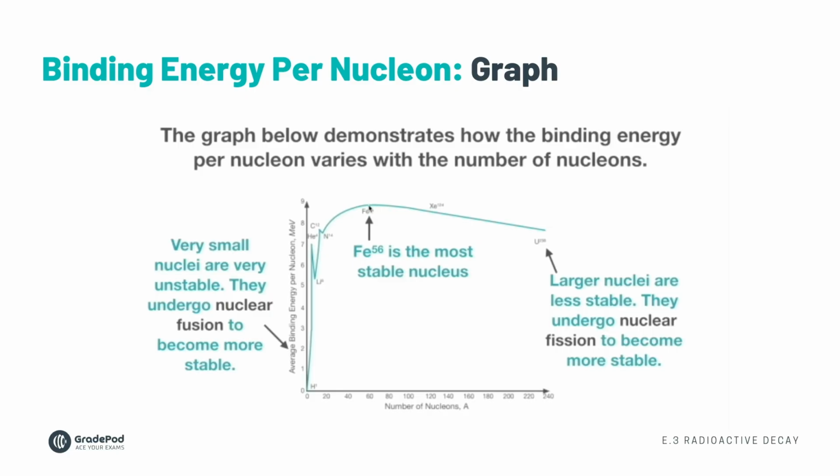Nothing will happen to that nucleus. That will stay like that forever. It's very, very stable. But as you increase the nucleon number, they get less stable. The average binding energy per nucleon decreases, which means it's less stable. And these larger nuclei undergo nuclear fission to become more stable.